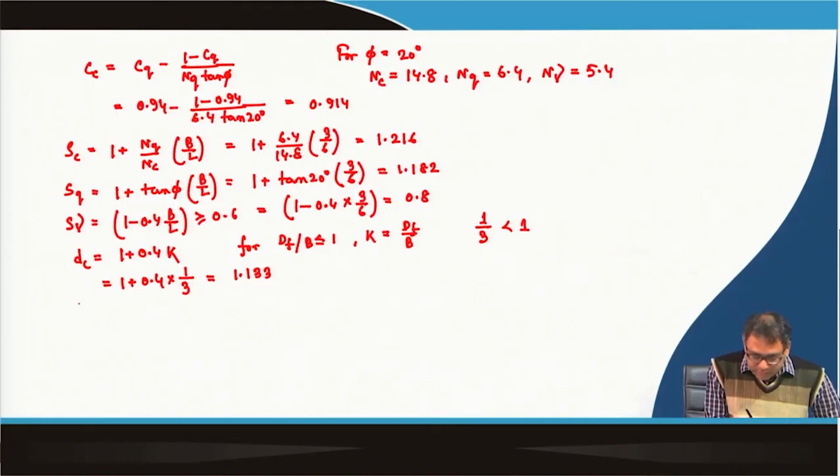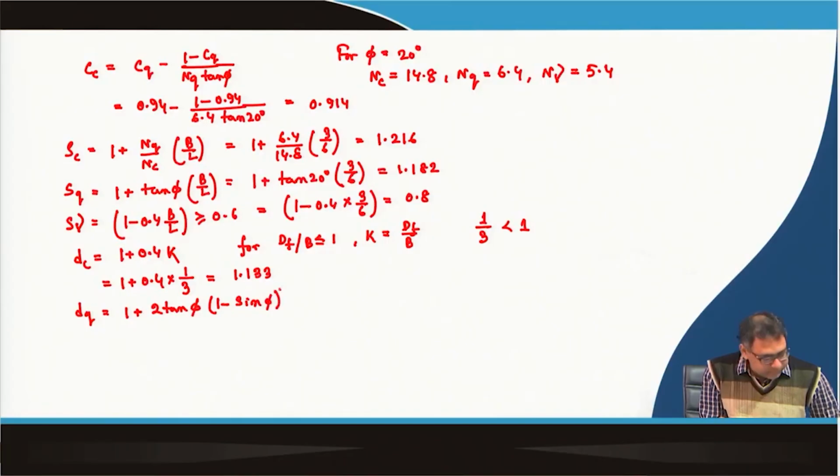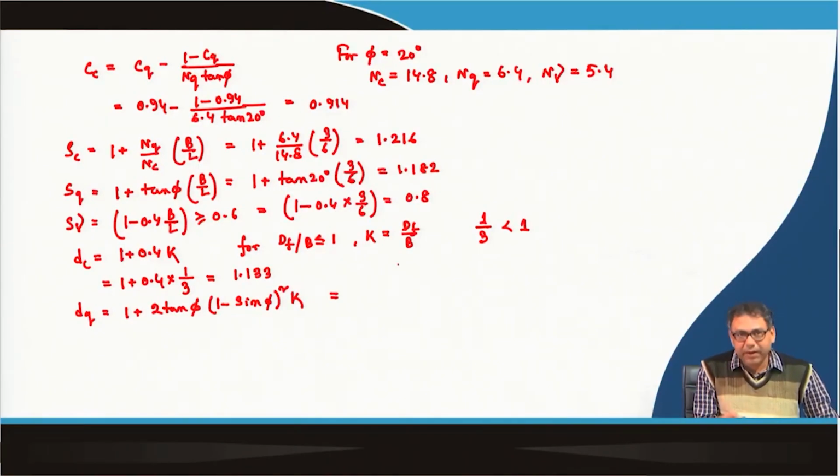Okay. So, now similarly I can calculate the dq, which is 1 plus 2 tan phi into (1 minus sin phi) square into k. So, k is also df by B here.